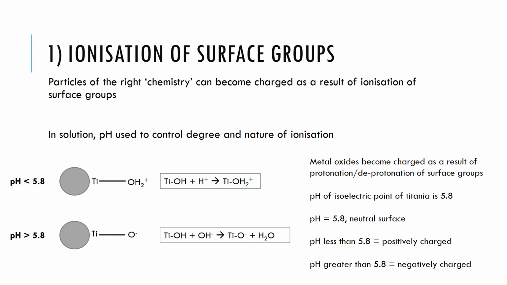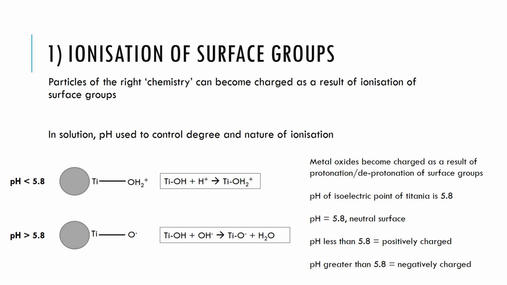I'm talking about charge here. Either side of that isoelectric point at 5.8, we introduce charge onto the surface of the particle. And it depends which way we go, which side of 5.8 we sit, whether it's towards the acidic or the alkaline side, that dictates the charge on our particle.